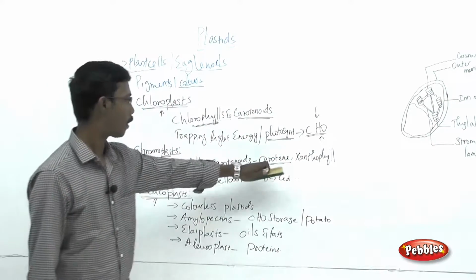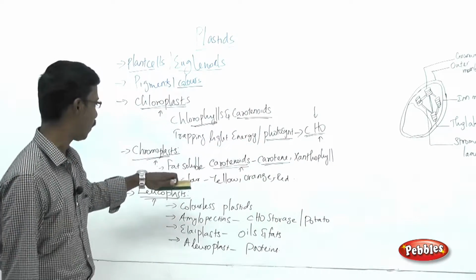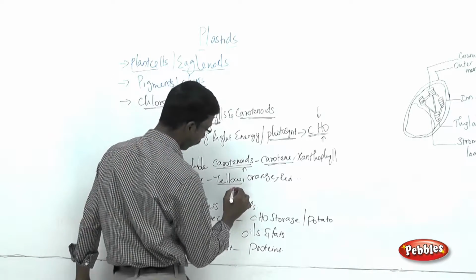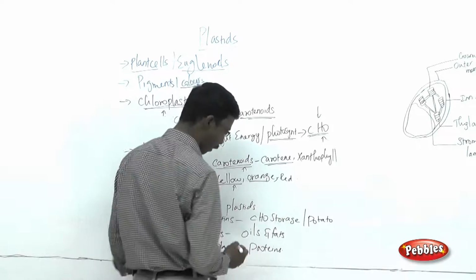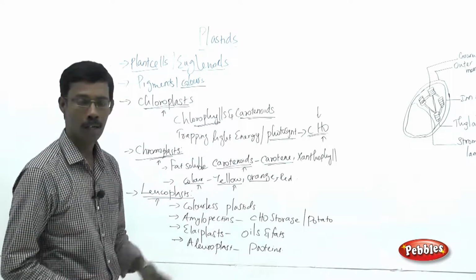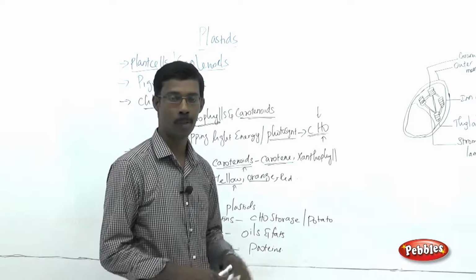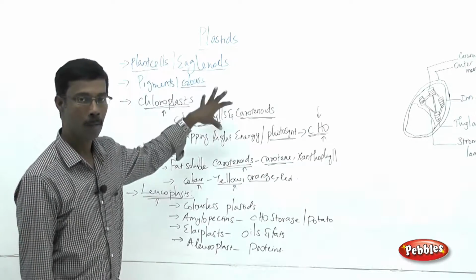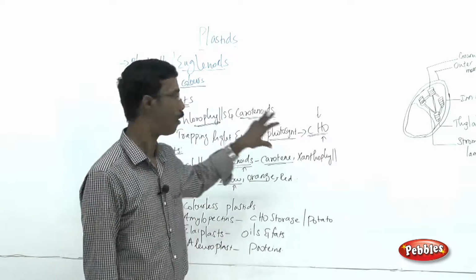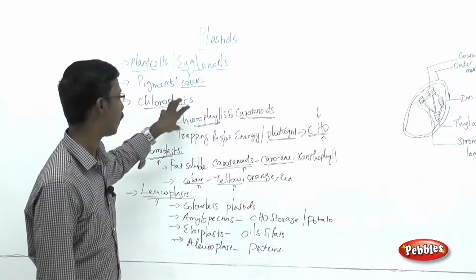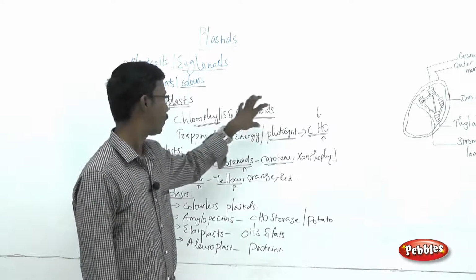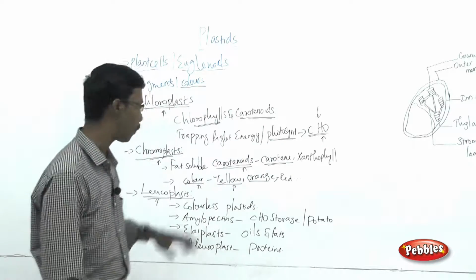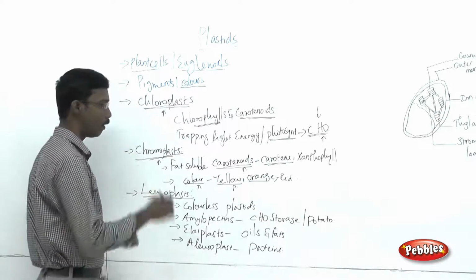So based on the carotenoids present in the particular plant, they provide some colors to the part of the plant: yellow, orange, red. Whatever color you see in a particular plant is provided by the pigments of the particular plastids. If it is green, it is provided by the chloroplast, whose pigments are the chlorophylls and carotenoids. If it is red, yellow or orange, that is provided by the chromoplast pigments.